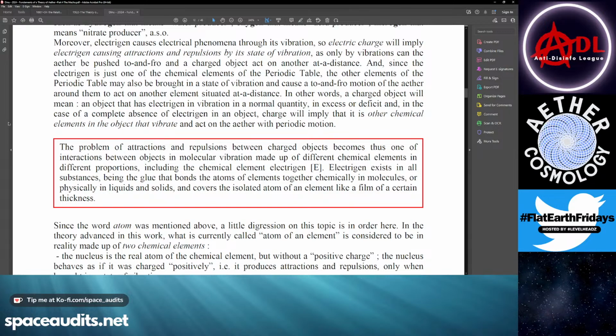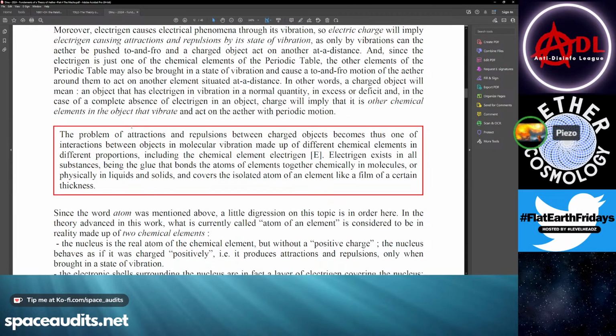In other words, a charged object will mean an object that has electrogen in vibration in a normal quantity, in excess or deficit, and in the case of a complete absence of electrogen in an object, charge will imply that it is other chemical elements in the object that vibrate and act on the ether with periodic motion.